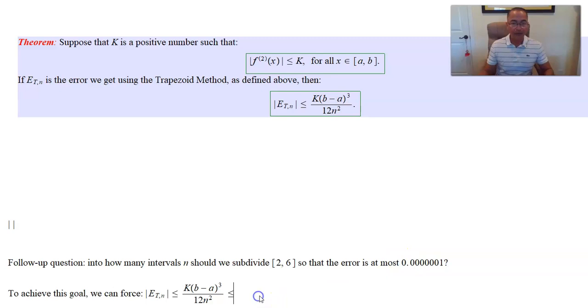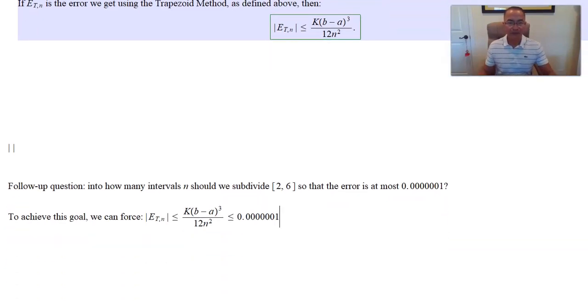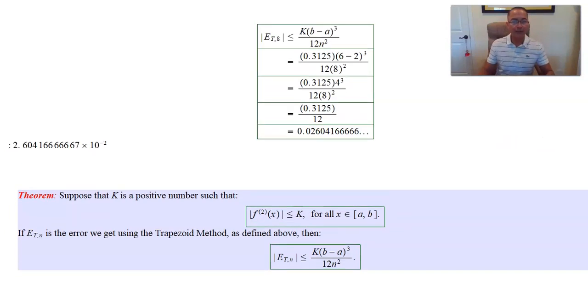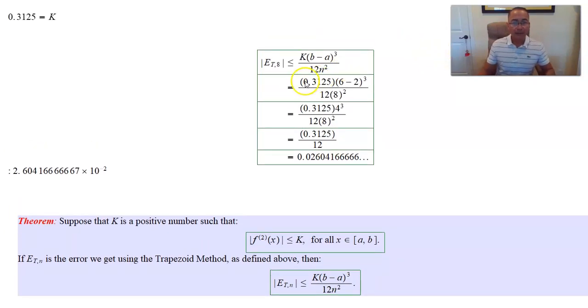I can tolerate an error of at most 0.0000001, no bigger than that. So what do we know in this formula? We already have the K, correct? I believe it was 0.3125. So there it is, 0.3125.